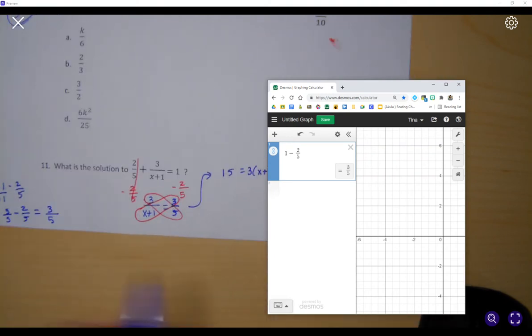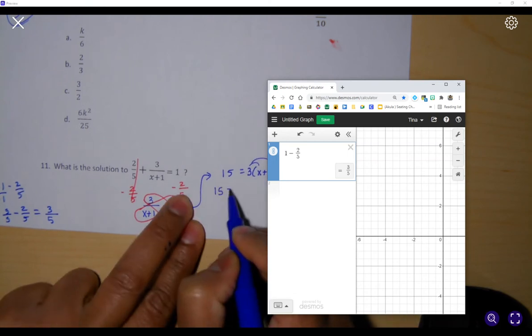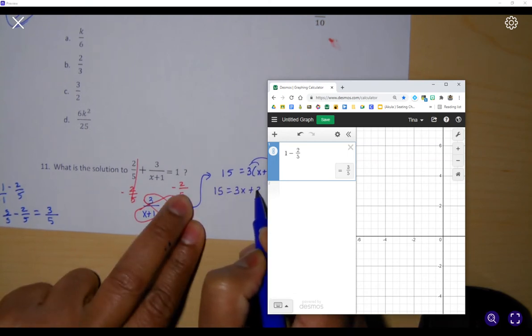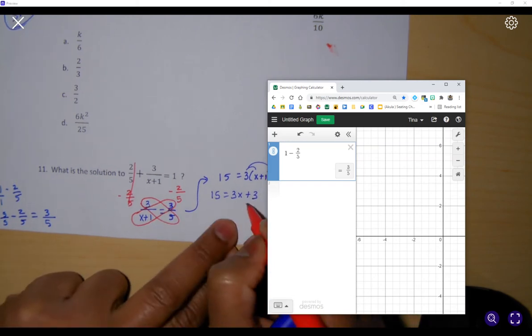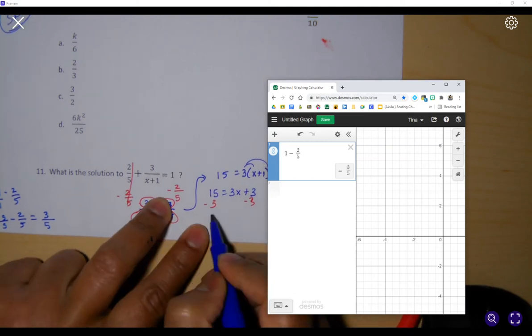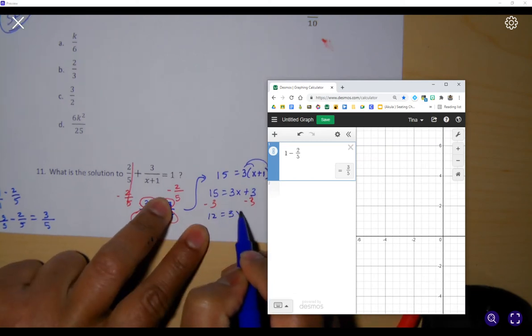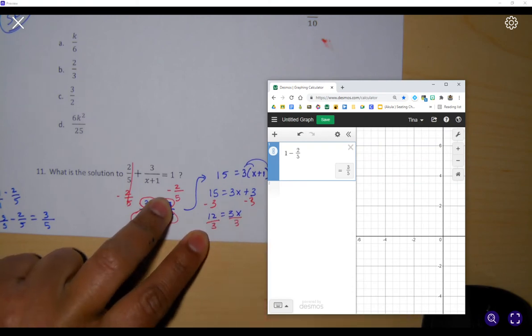Now we can distribute: 15 equals 3x plus 3. Then subtract 3 from both sides. So 12 equals 3x. Divide by 3. x equals 4. That's my answer.